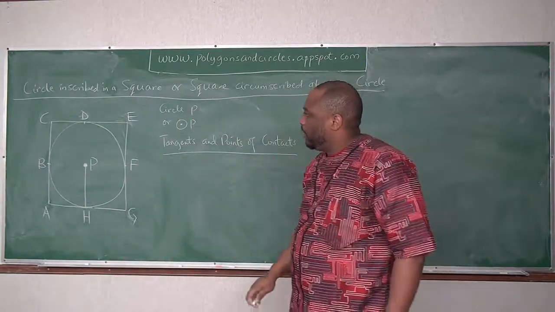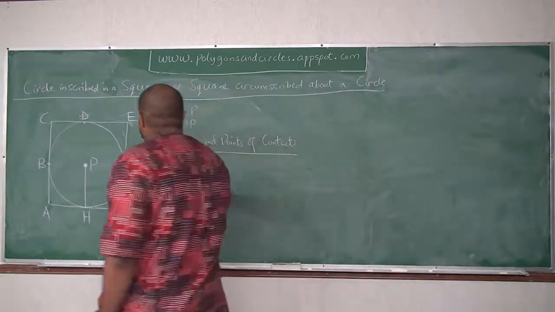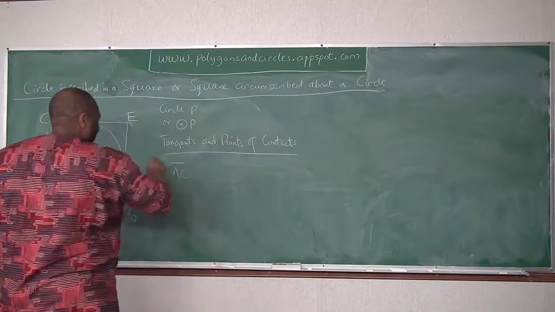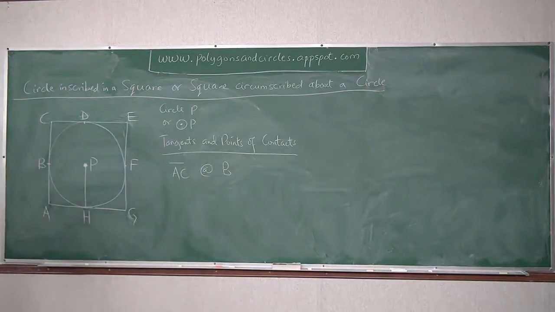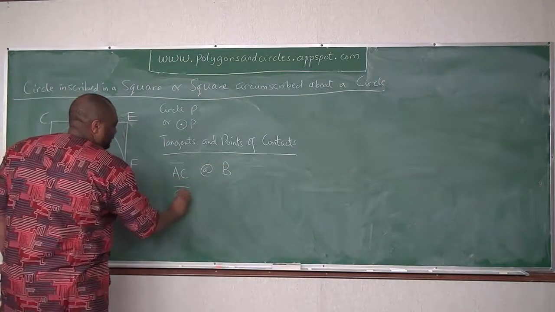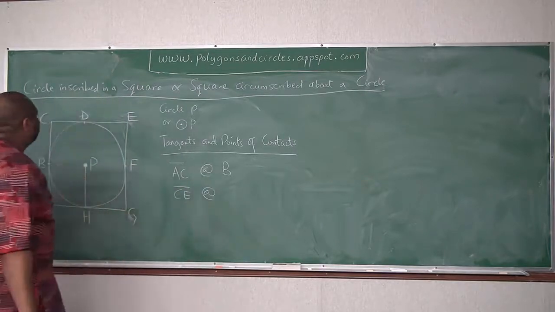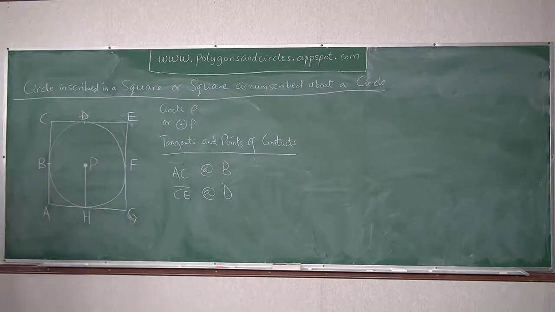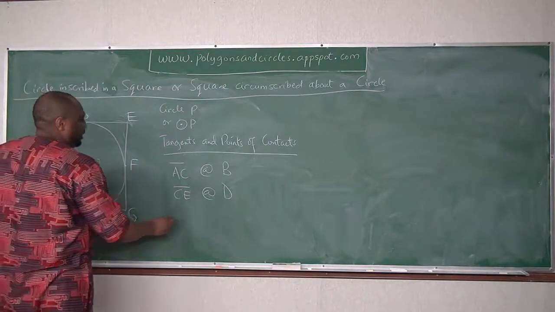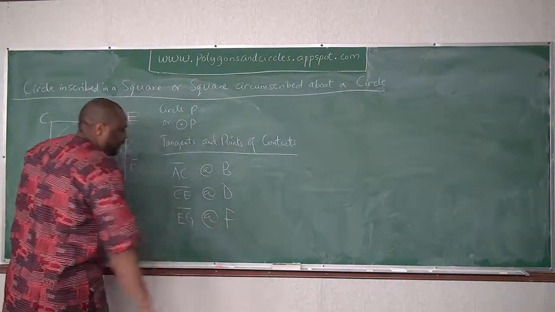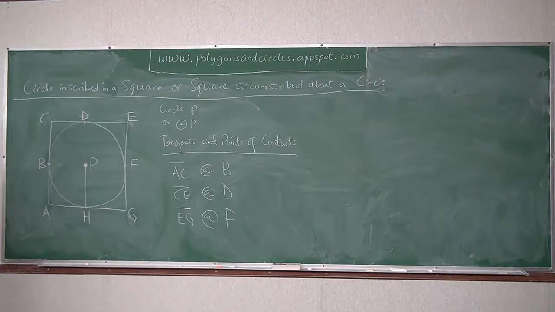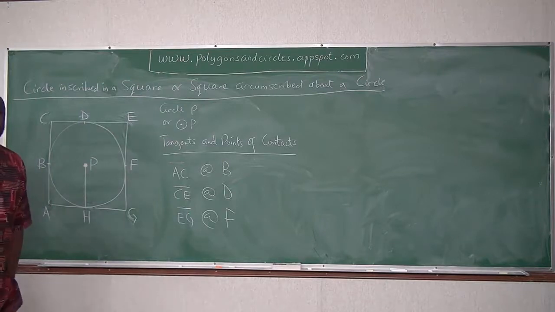Line segment AC is a tangent at the point of contact B. Line segment CE is a tangent at the point of contact D. Line segment EG is a tangent at the point of contact F. We call it point of contact, or point of tangency.